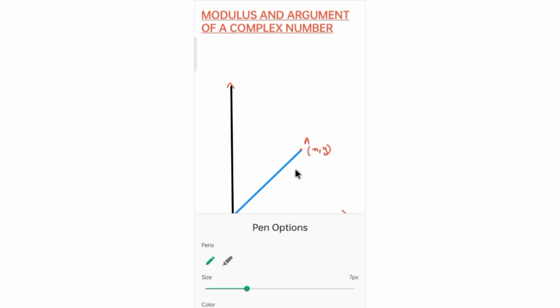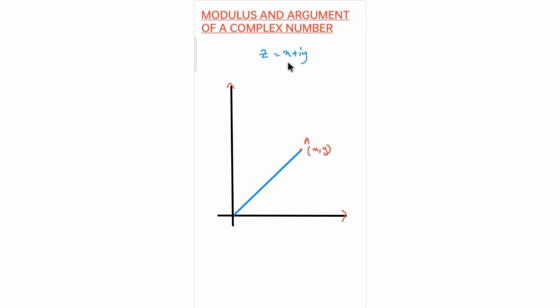I have taken a point A, that is (x, y), and to represent this, z is equal to x plus iy. So my x would be the real part of this, and this would be the real axis. So x is my real axis and y is my imaginary axis.